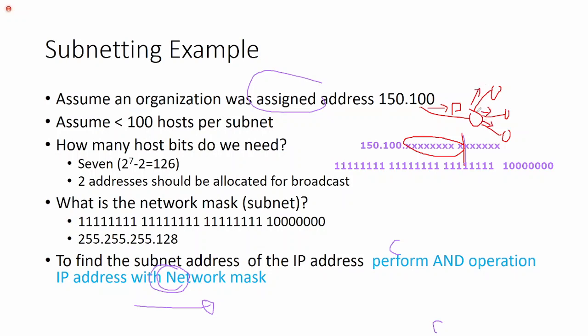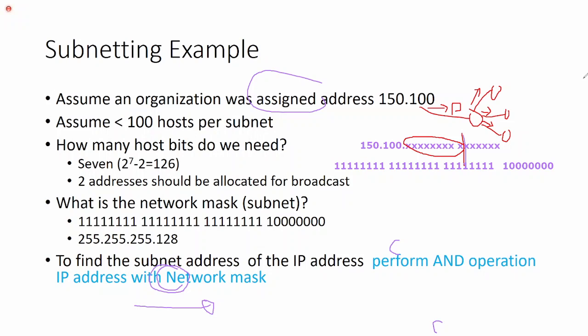Earlier, there was only one network, 150.100, right? Now we have created out of this IP address 3 separate networks. So to decide, you take the IP address and the subnet mask, and then do the AND operation. And then you will get the network ID. Then you can decide whether you should go this way or this way.